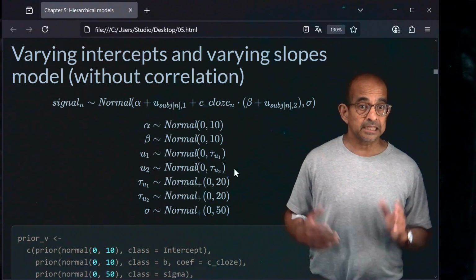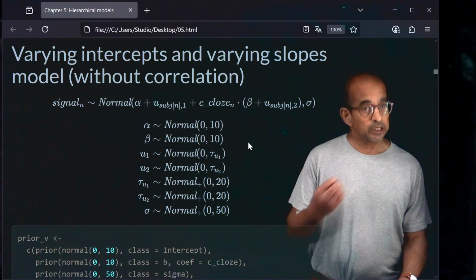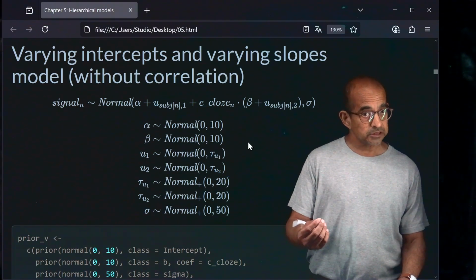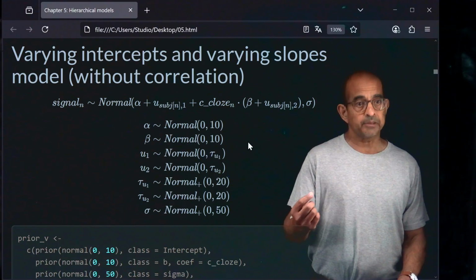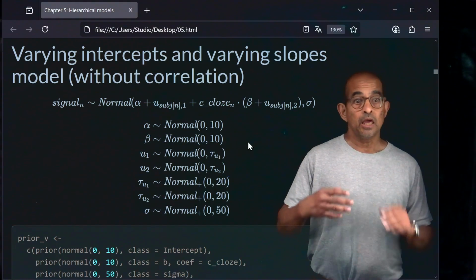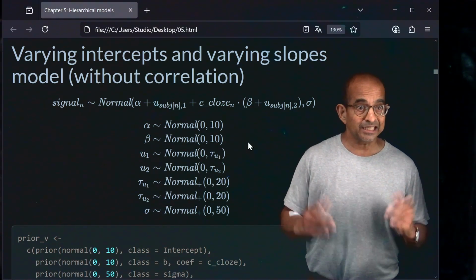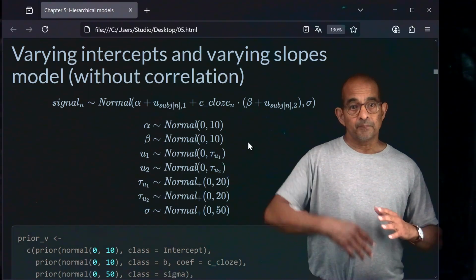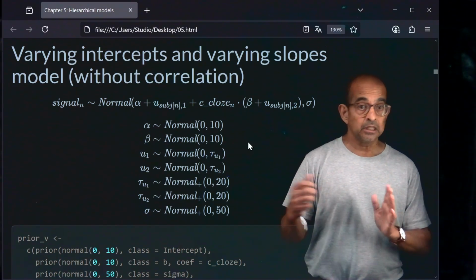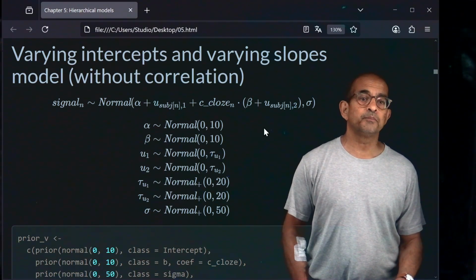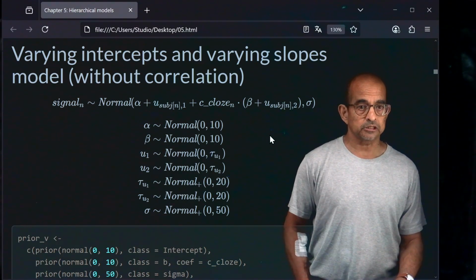Okay, so that's a great property of the hierarchical model, and it's a very valuable property, because if you're studying individual differences, then you're going to get conservative and more reliable estimates for individual level behavior, because the model is taking into account not just the individual's data, like in the no pooling model, but also the grand mean estimates, the alpha and beta parameters, to decide on a compromise for the posterior for each of the participants' estimates for the intercept and slope adjustments.